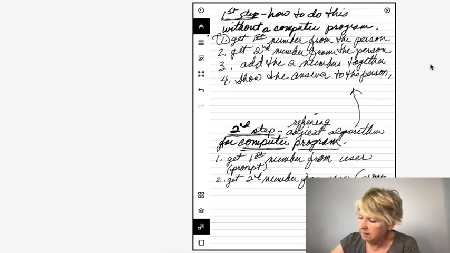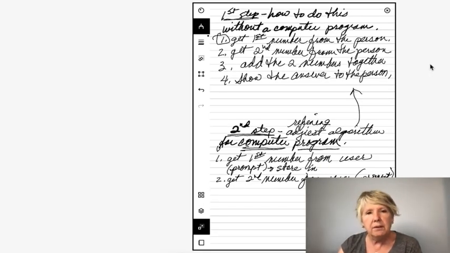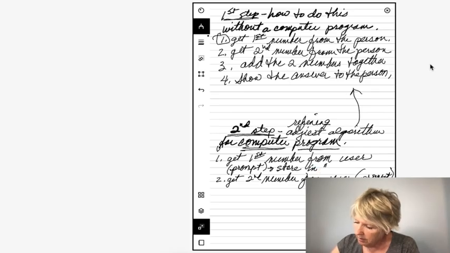Now I'm sitting here thinking, oh, but I have to do this with a computer. That means I have to store it somewhere, because the computer won't remember what the first number is unless it stores it. So I'm going to store it in a container, which we'll learn about later. And I'm going to name the container num1.